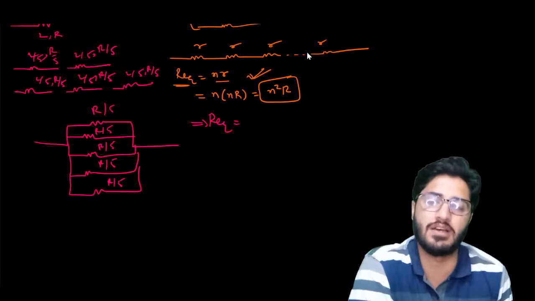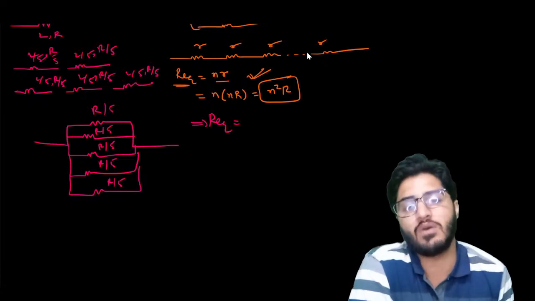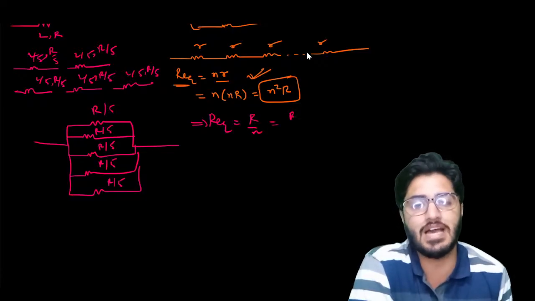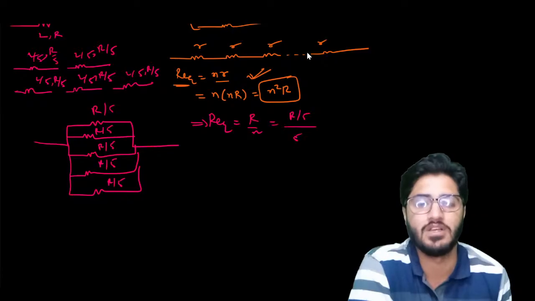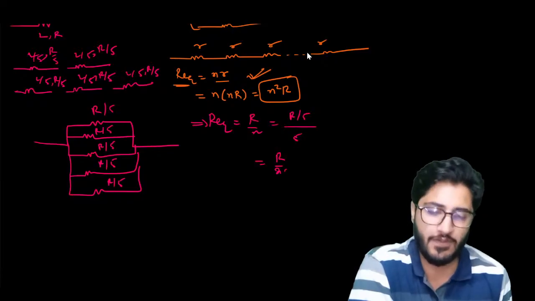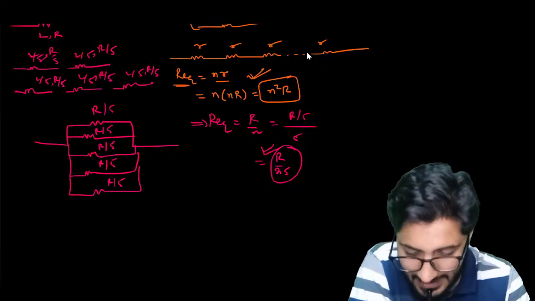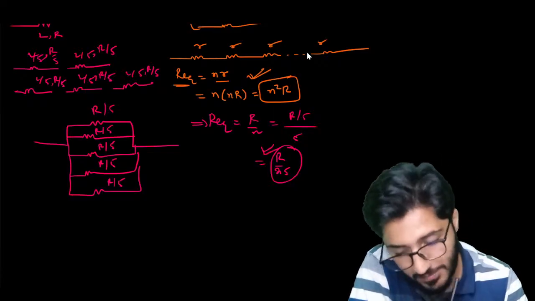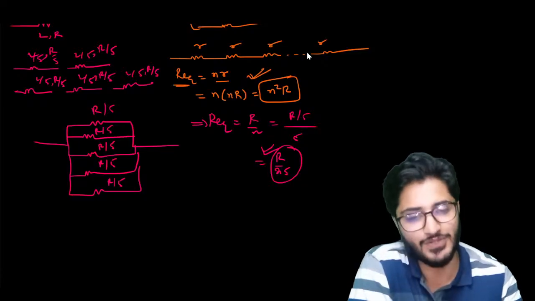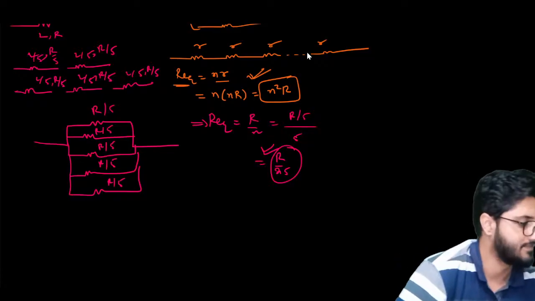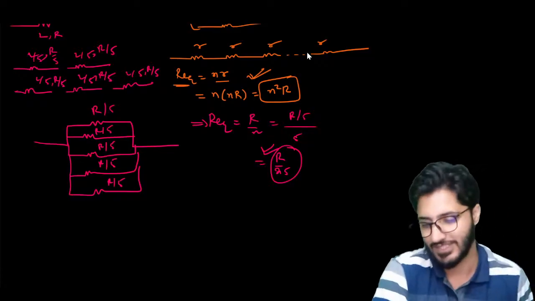It is simple. R equivalent will be R by N, where R is R by 5 and N is 5. So my answer is R by 25. Correct, good vibes. This one is correct. Congratulations.